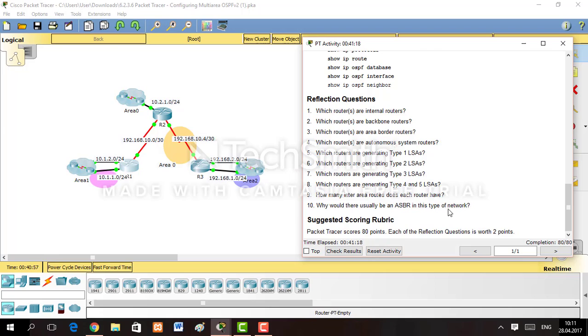And the last question is, why would this usually be an ISP router in this type of network? ISP router is used to connect external routing domains.